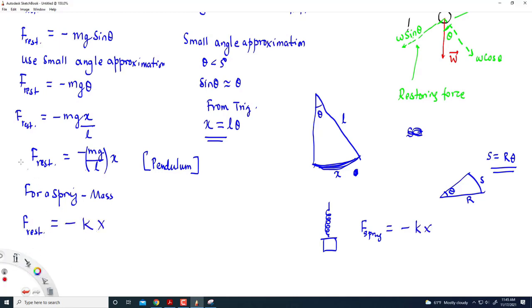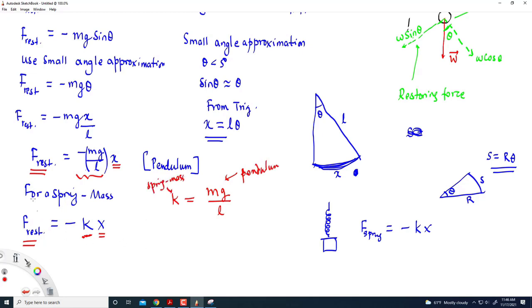So if I compare these two restoring forces term by term, we have the restoring force for pendulum and for spring mass, the displacement for pendulum and for spring mass, and this thing must be like the spring constant for pendulum and the spring constant for spring mass. So these two are equivalent. For the pendulum, k is mg over L.